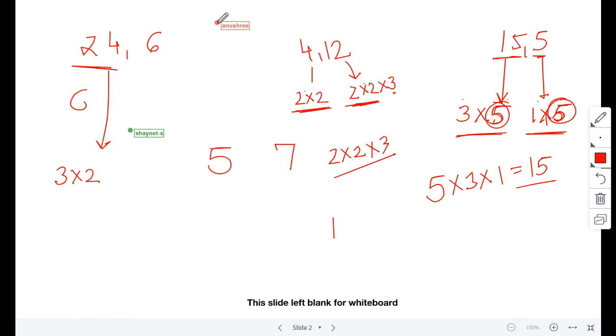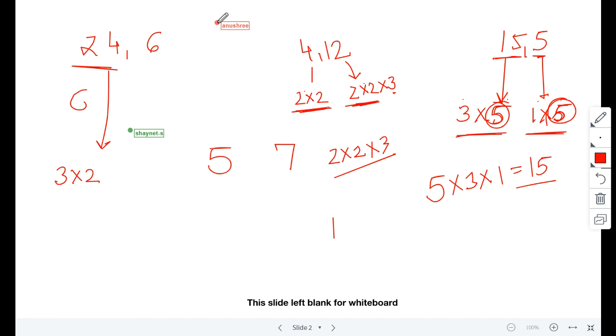Split this. How can you prime factorize 24?